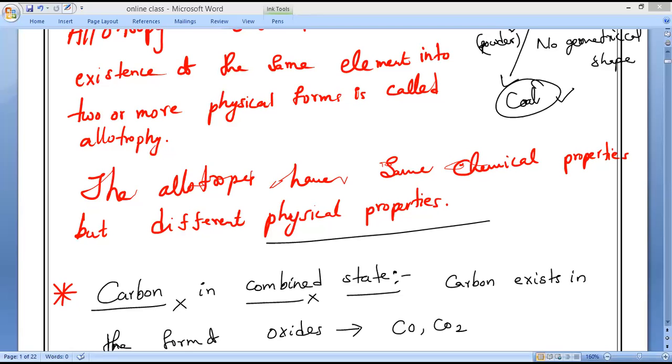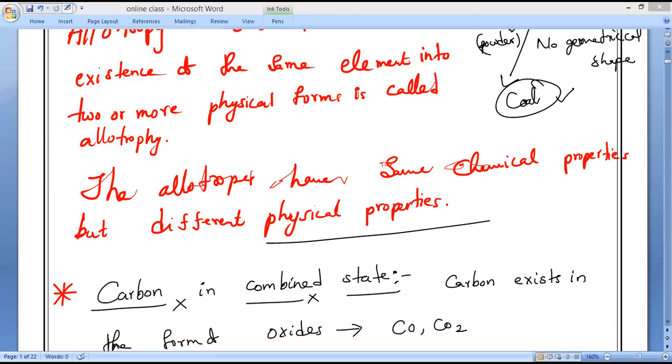We even use diamond to cut metals. Diamond is extremely hard and a very bad conductor of electricity, but a good conductor of what? Heat.